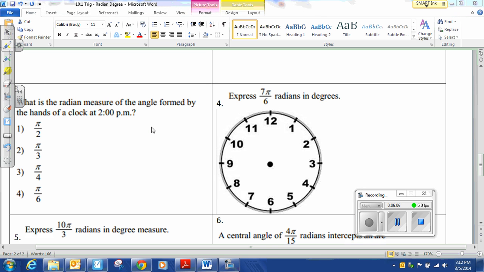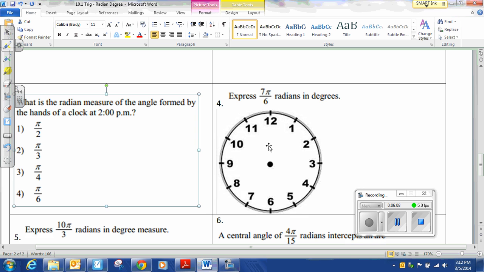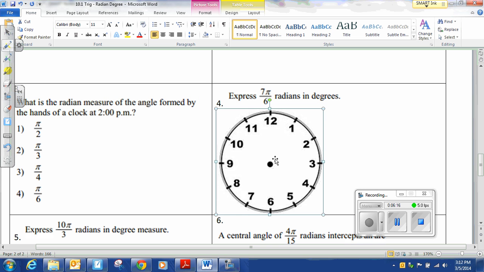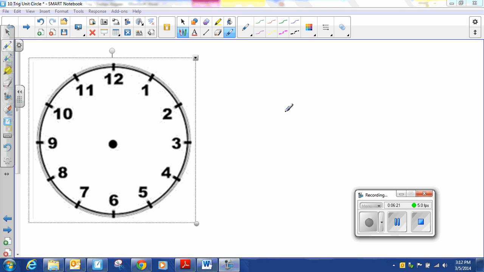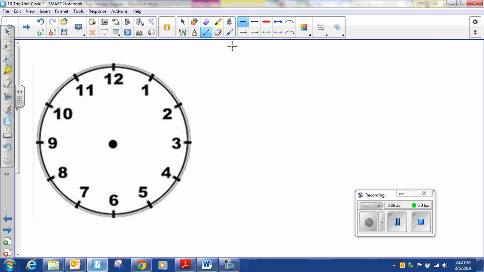Let's see if I can draw on this. No, it's not letting me. Well, anyway, I'll explain to you. So 2 p.m. is basically the hand goes here and the hand goes here, right? The shorter hand goes to the hour and the minute hand goes to the 12. And I'll go ahead and just draw these in. And there we have it.